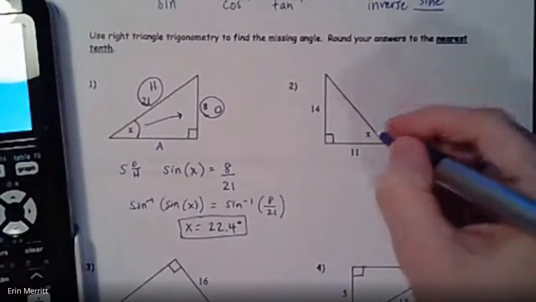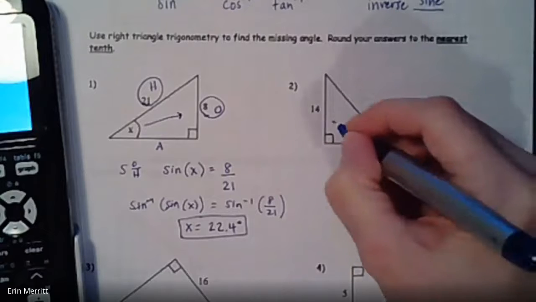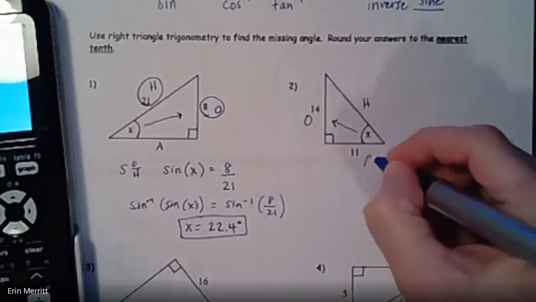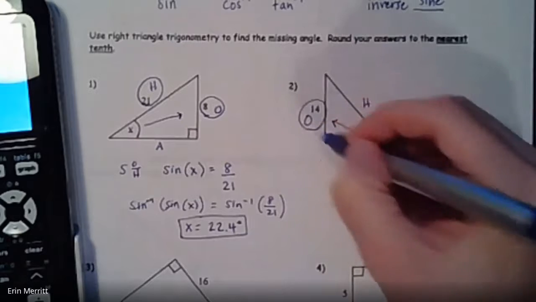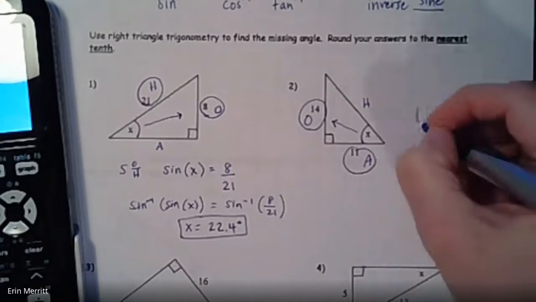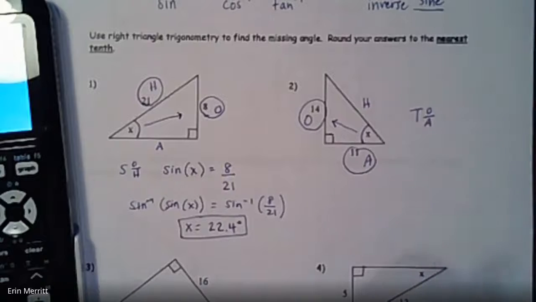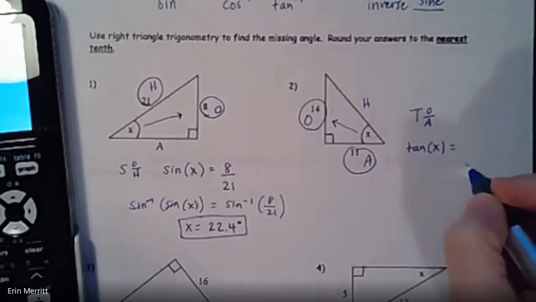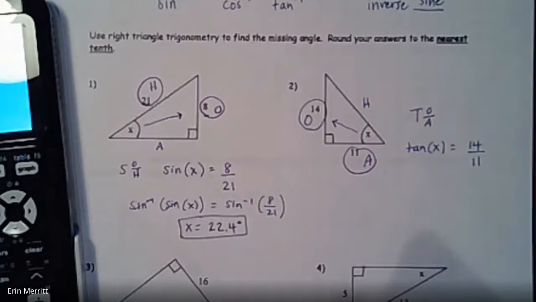So let's try it again. With the second one here, start with where x is. This is the side opposite. Here's my hypotenuse. Here's the adjacent. Since the opposite and the adjacent are labeled, by now we should know that's our TOA, that's tangent. So tangent of x equals the opposite 14 over the adjacent 11. You're going to take the inverse tangent of both sides.